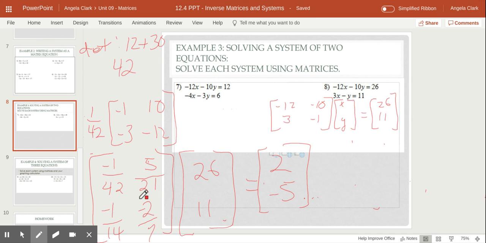So the fractions are kind of messy, but the numbers come out nice. So then the answer is going to be xy equals 2, negative 5, or x equals 2, y equals negative 5.